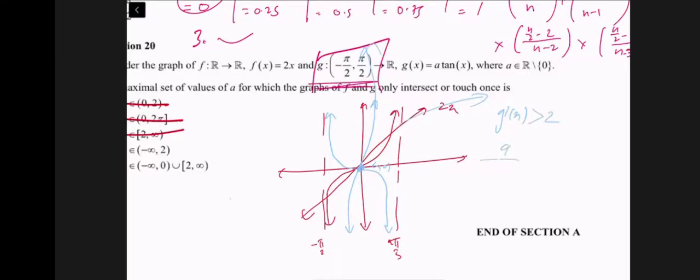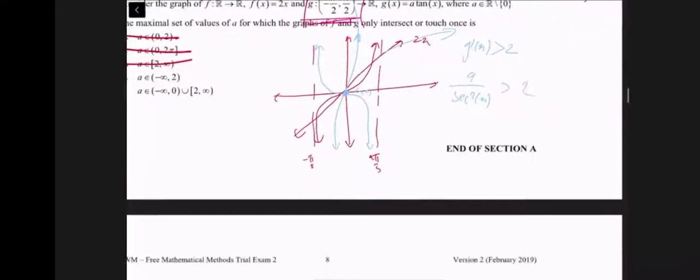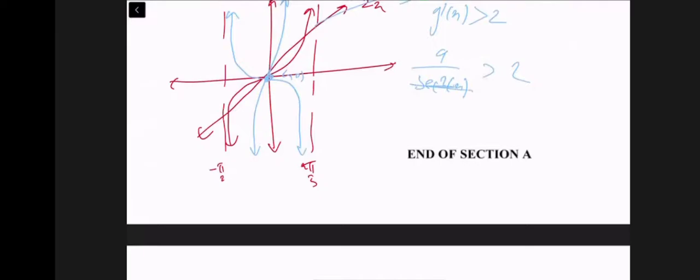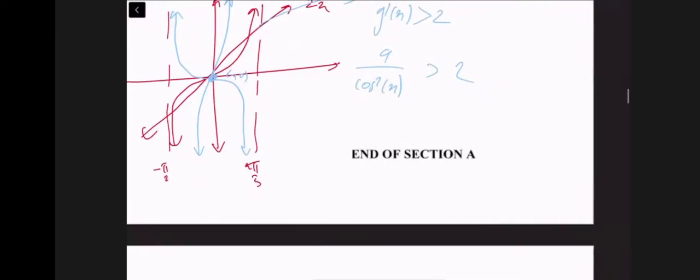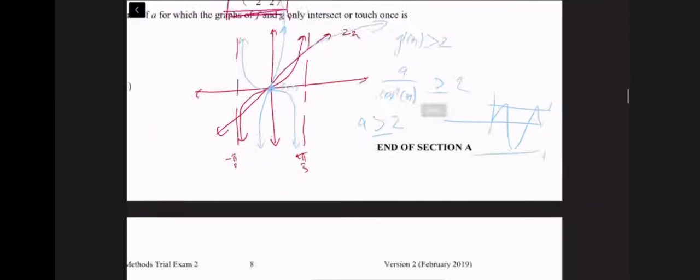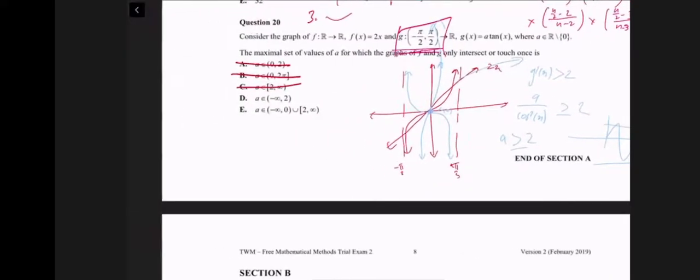So a sec squared x is greater than 2. Sec squared, not a on sec squared, just a sec squared. If you consider cos squared, the maximum of cos squared is always going to be 1. So that's where you get a is greater than or equal to 2 from.